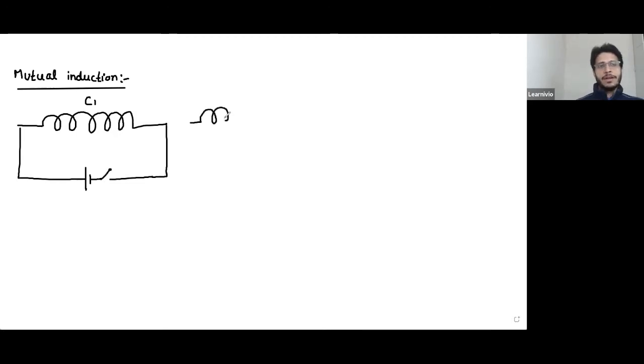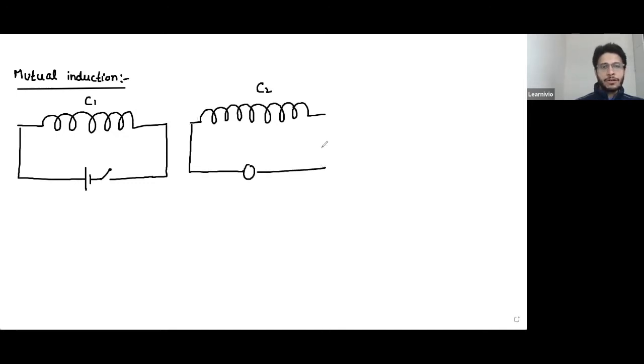And then you have another coil C2. C2 is connected through a galvanometer.